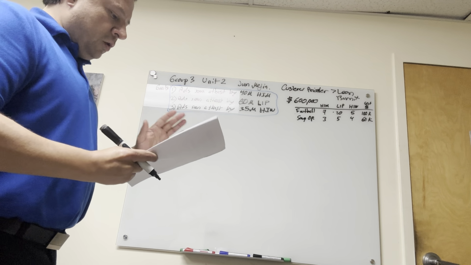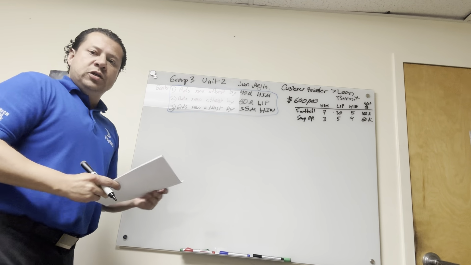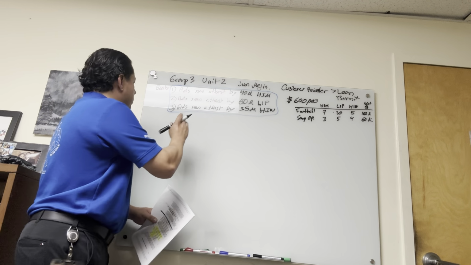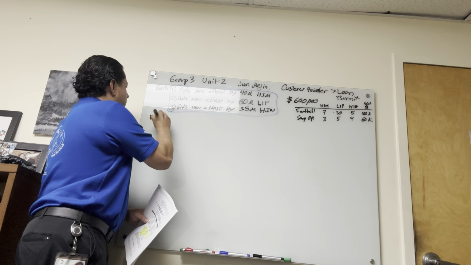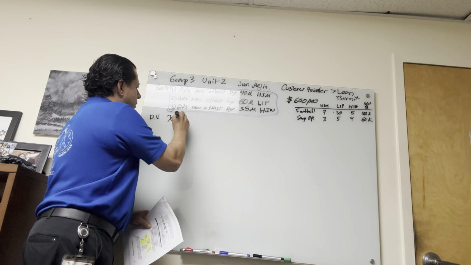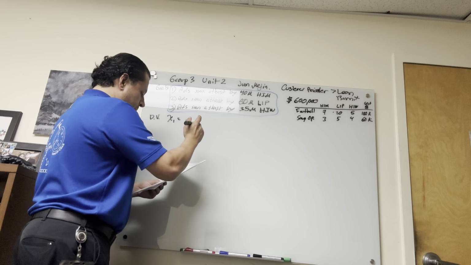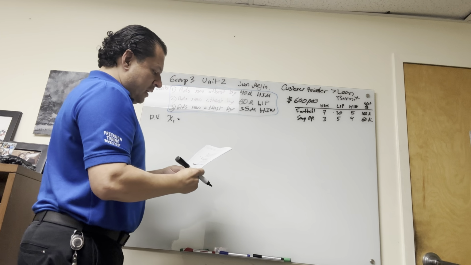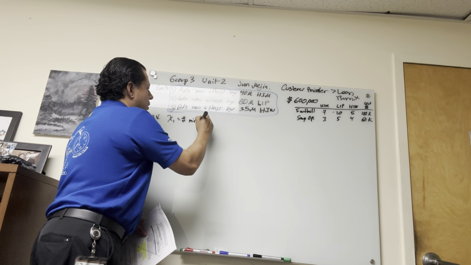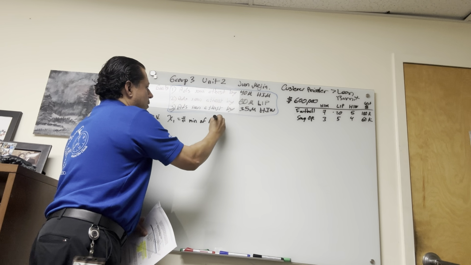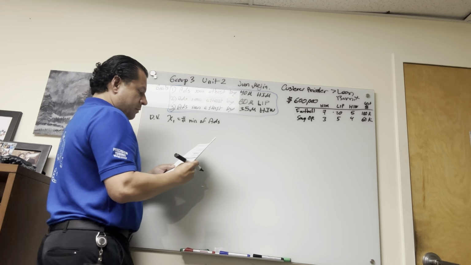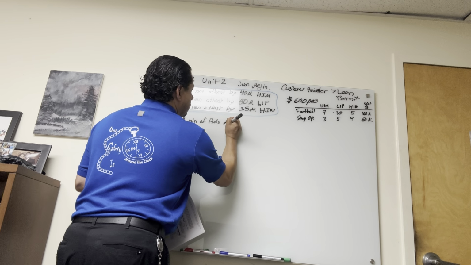Our initial formulation right now: basically, what we want to do is identify the decision variables. So we're going to start calling these. Our initial statement is X1 is the number of minutes of ads shown during football games.